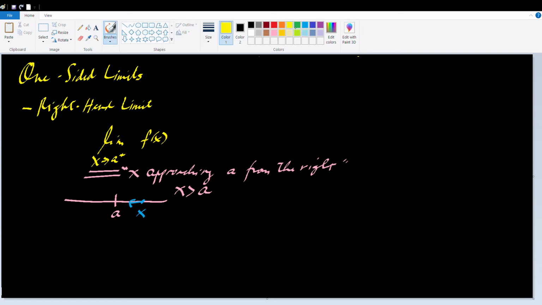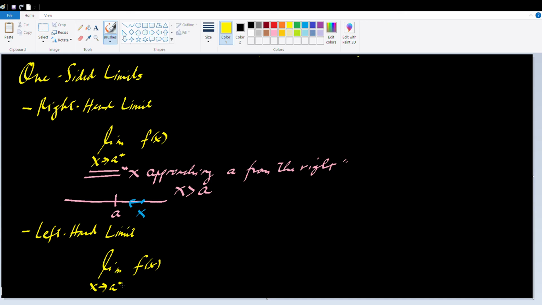How about the left-hand limit? The left-hand limit is denoted by the limit of f of x as x approaches a superscript negative. It is not equivalent to negative a.